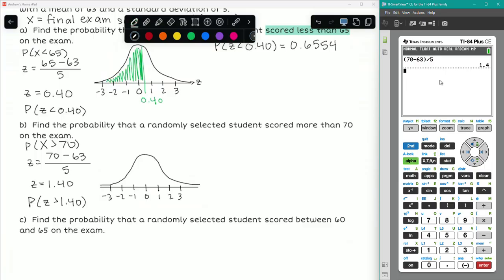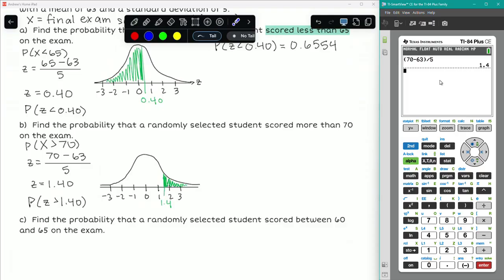So my boundary value is at positive 1.4, so that's between 1 and 2. So right about here. And then greater than means I'm shading to the left, or the right, sorry. I'm shading in the direction that my inequality points. Greater than points to the right, I'm shading to the right.